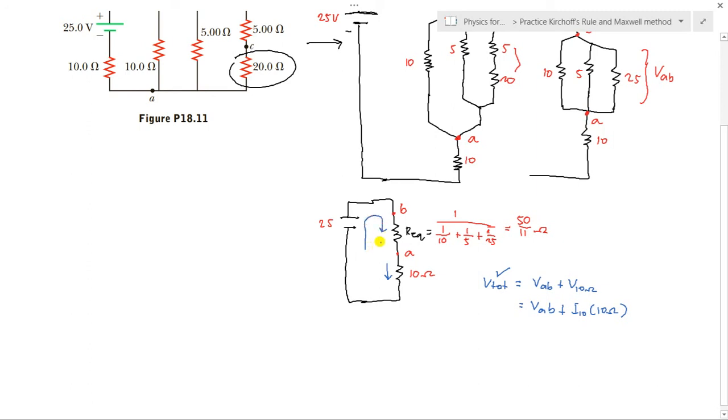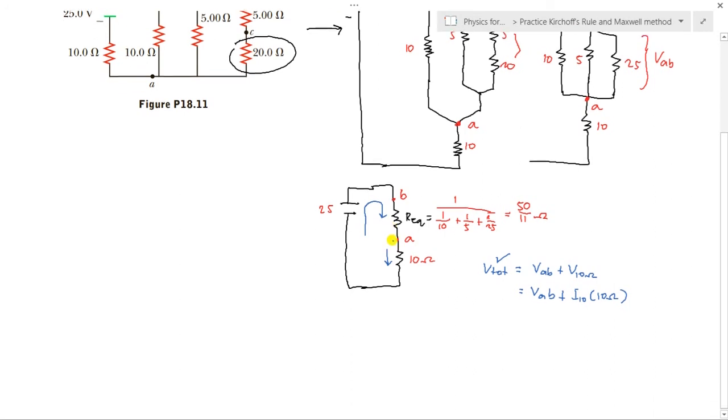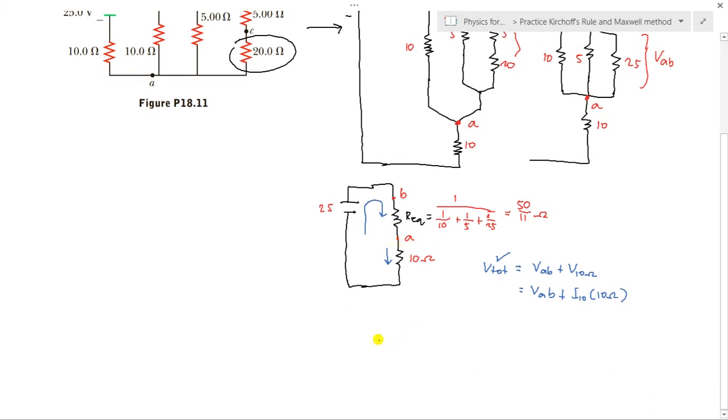Okay, the same. So how are we going to solve for the total current here? Just use Ohm's law. So I total is equal to voltage total over R total. And what is the R total? Since this is series, I'll just add this R equivalent to this 10 ohms.